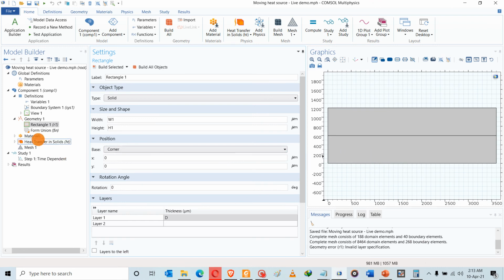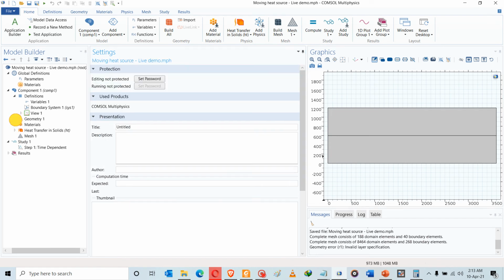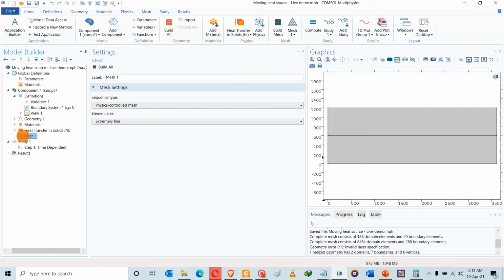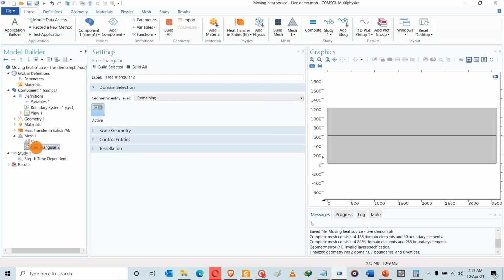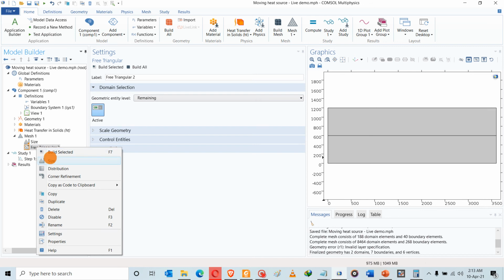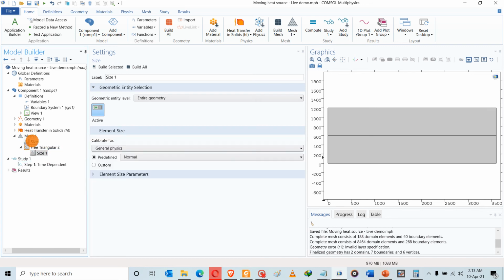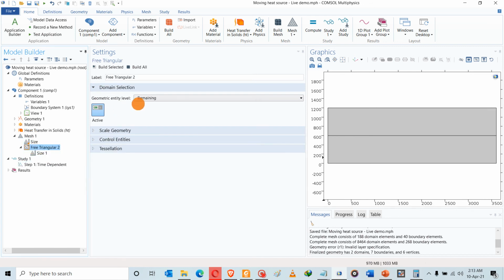Okay. Closing this node. I'm going to come here. I'm going to add a triangular mesh. Right click on triangular mesh and add size. This mesh is applicable only for the domain at the top.